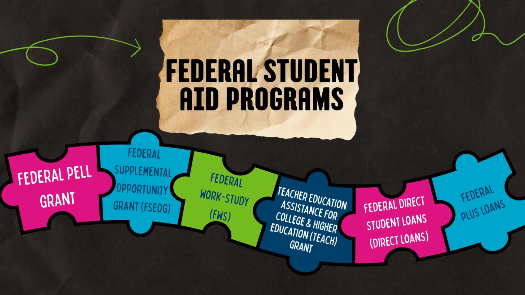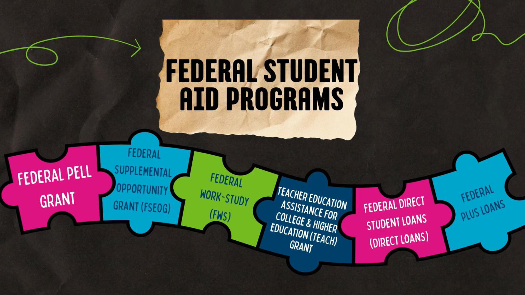To recap, these are the various federal aid programs. Federal Pell Grant in pink, the FSEOG, the Federal Supplemental Opportunity Grant in light blue, the Federal Work Study Program in green, the Teacher Education Assistance for College and Higher Education Grant in blue, the Federal Direct Student Loans in pink, and then Federal Plus Loans in light pink.